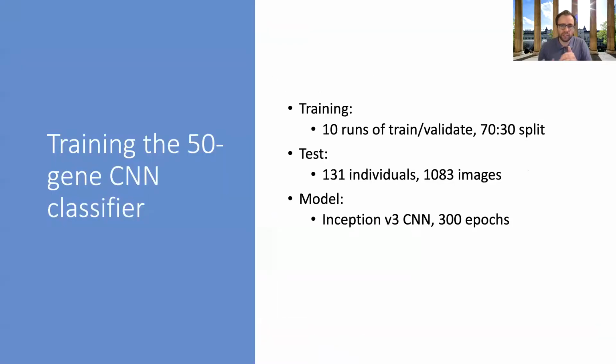In order to train this convolutional neural network, we split the data set into training and test data sets, and we withhold one data set for benchmarking. And we use a specific convolutional neural network architecture known as an inception network.